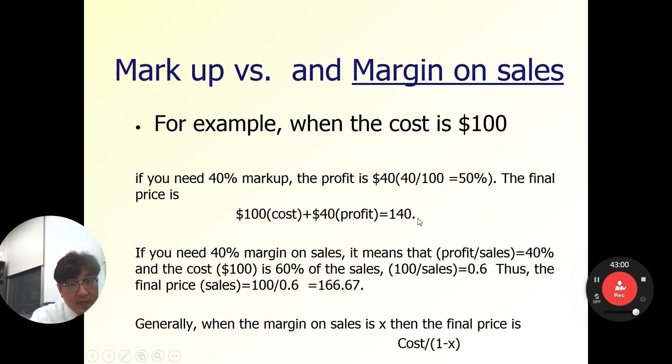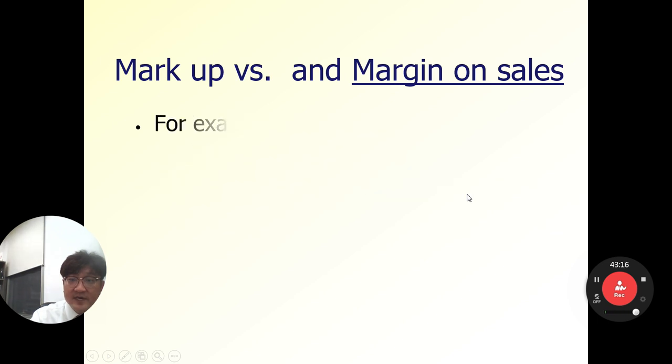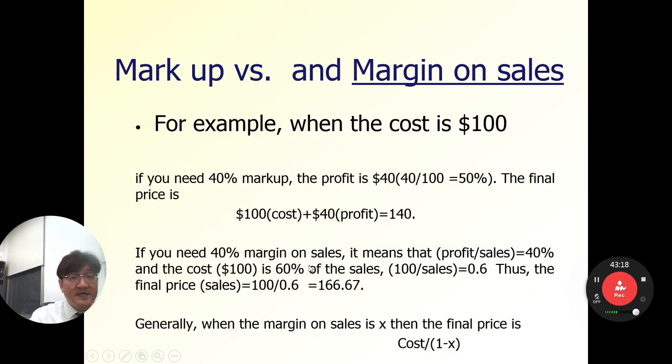But the margin on sales is a little bit different. If you need 40% margin on sales, margin on sales is profit over selling price. So 40% margin on sales means 40% of the final price, not the cost.